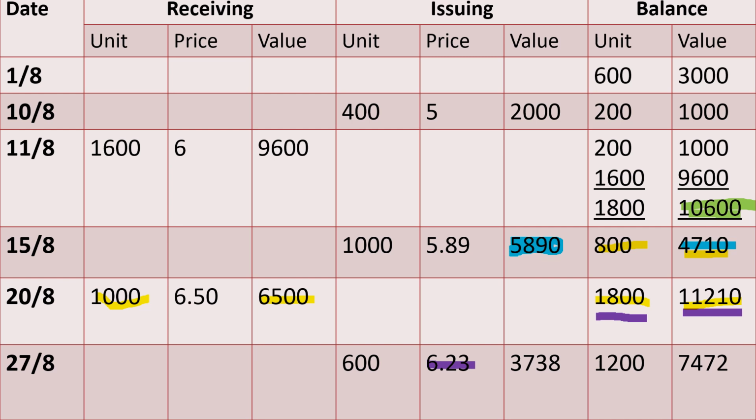So the total value of the issue cost is 3,738. So when we deduct that 3,738 from 11,210, we are getting this balance of 7,472. And the remaining inventory in units is 1,200.